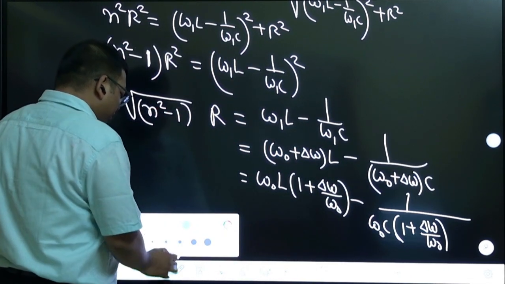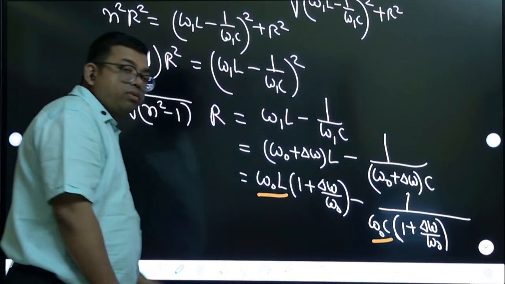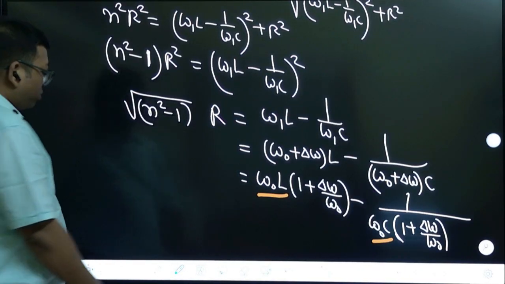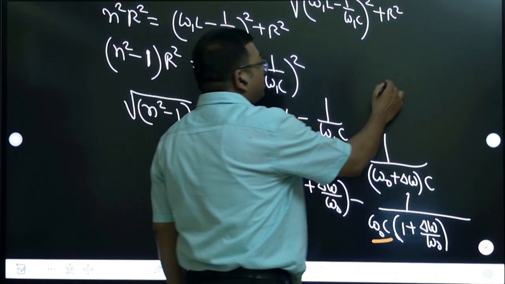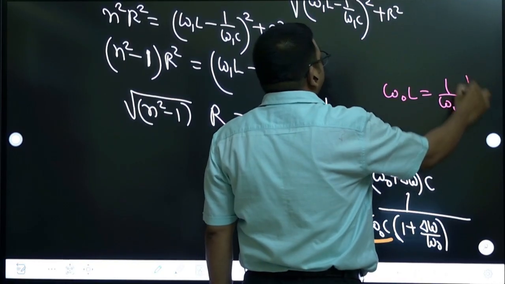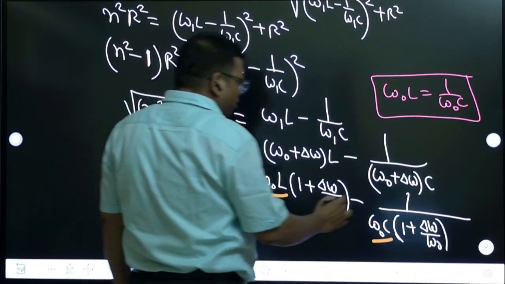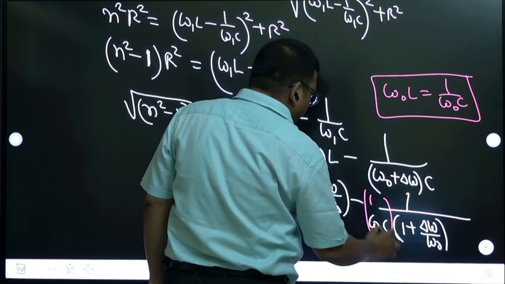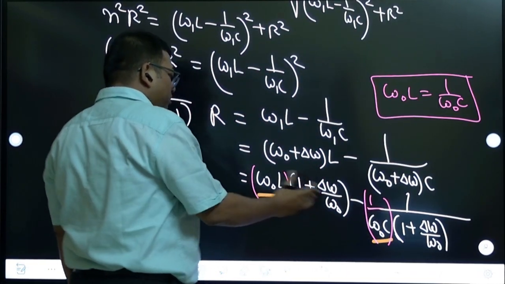Why are we writing it like this? Because omega naught L and 1 by omega naught C are equal. We know this because this is the resonance frequency. So this term and that term are equal, so either of them we can take out.